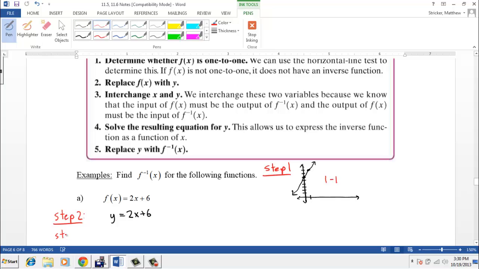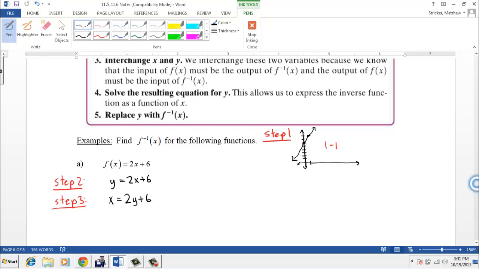Then we can move on to step 3. Step 3 says replace or interchange the x and the y. So instead of having a y over here, we're going to replace it with an x, and then on the right hand side, instead of a 2x, we'll have a 2y plus 6.